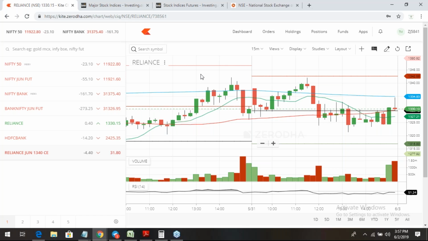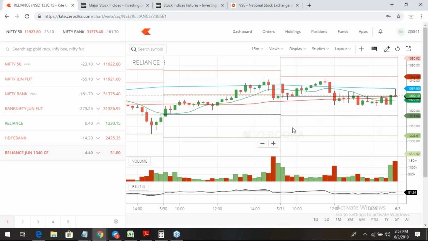Your entry is perfect, everything is perfect, still your stop loss gets hit. Why? Because a big player can do anything on a stock, but Nifty they cannot move more than 20 or 30 points, right?